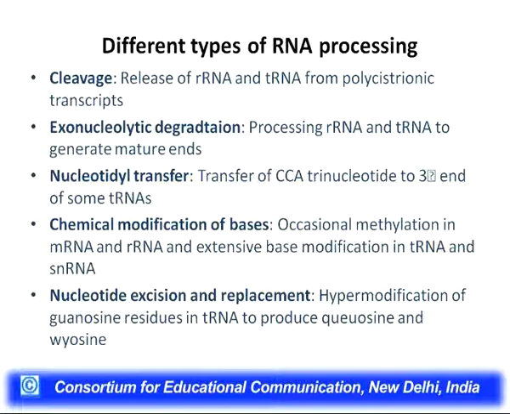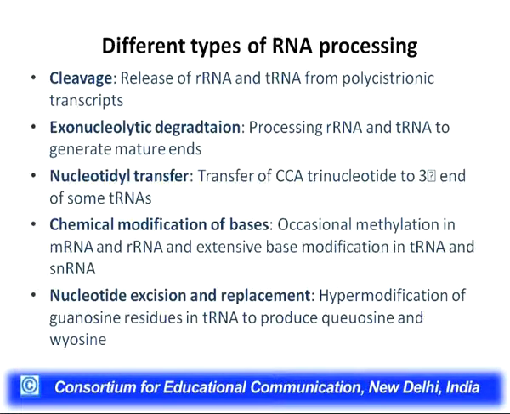They are provided this trinucleotide at the 3' end, because it is essential for all tRNA molecules to have a CCA trinucleotide at the 3' end. This is the end which will receive a specific amino acid for that particular tRNA. So, many tRNAs which do not have CCA will be provided with CCA by enzymatic transfer.